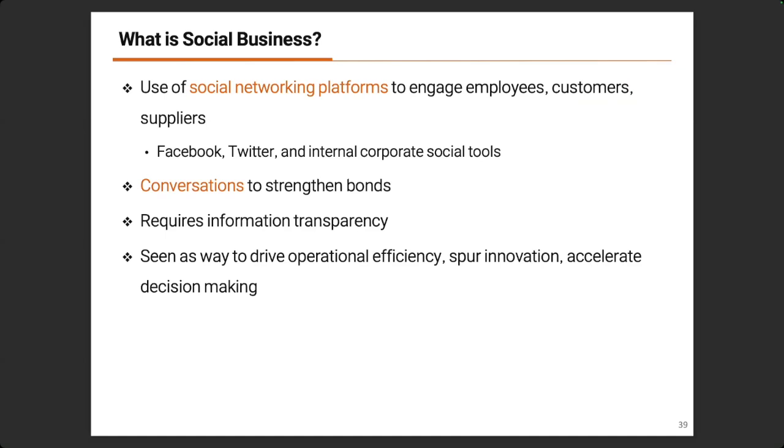Actually, social business requires a great deal of information transparency. People need to share opinions and facts directly without any intervention from executives or other people. Employees want to know what customers and other employees think, suppliers want to learn the opinions of supply chain partners, and managers want to know how well employees are doing.